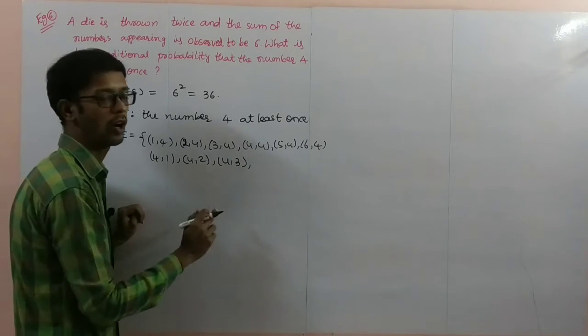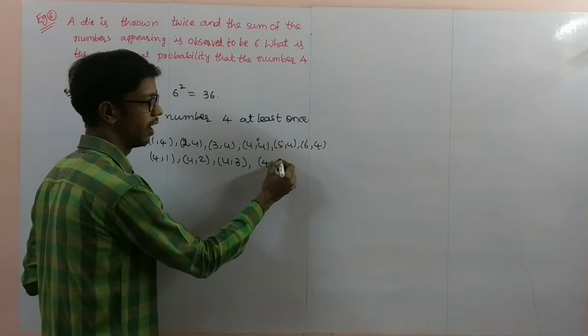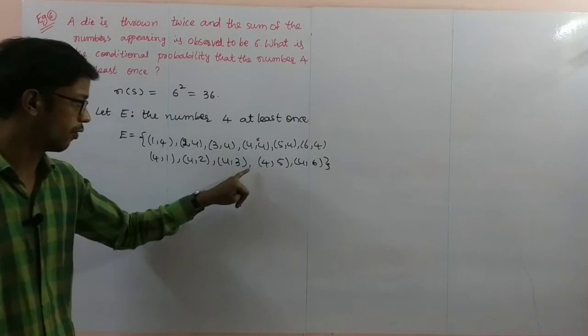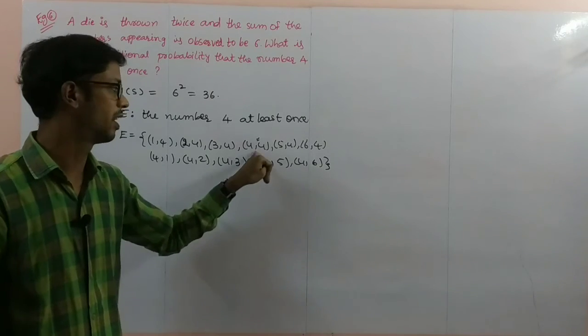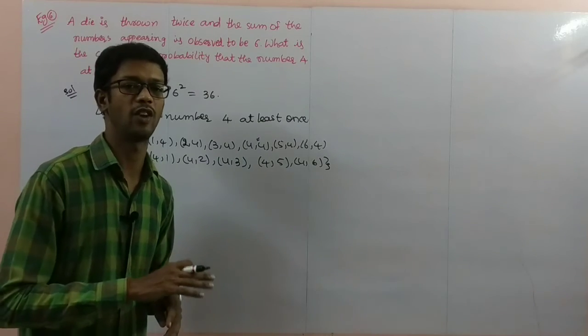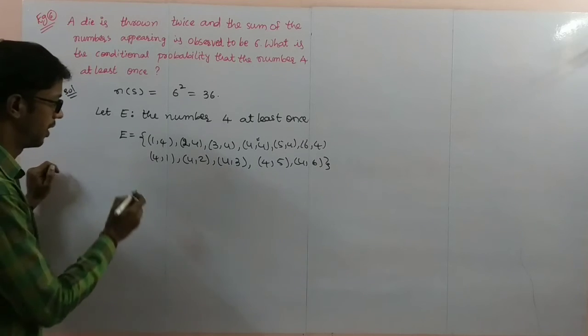So I am not writing 4,4 again. Already completed here. So next 4,5; 4,6. I am not writing 4,4 here because a set has non-repeating elements. There is no repetition of elements. E elements completed.